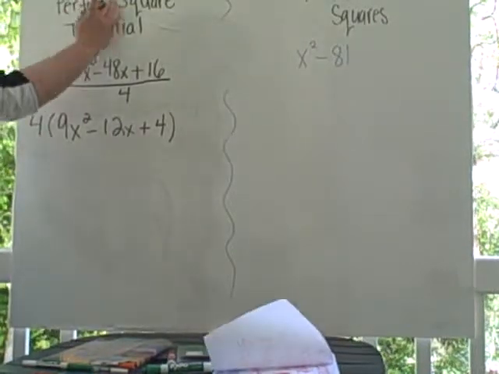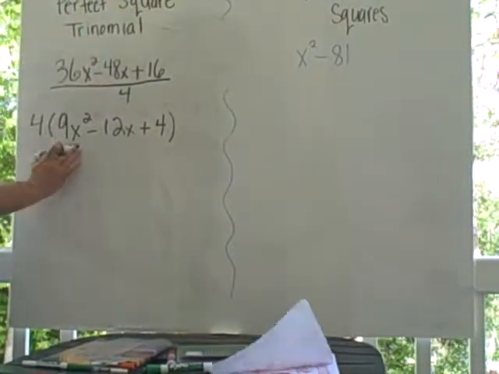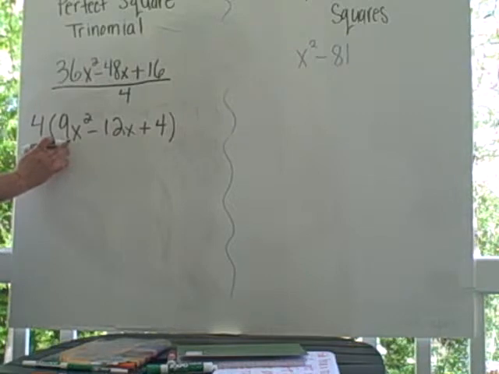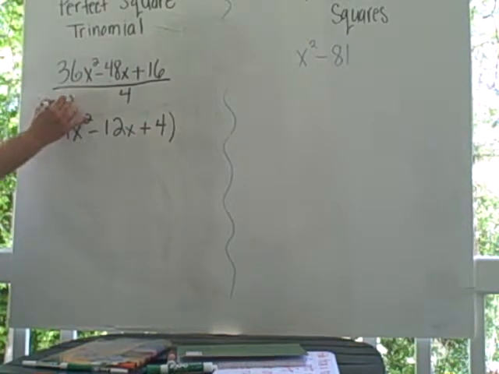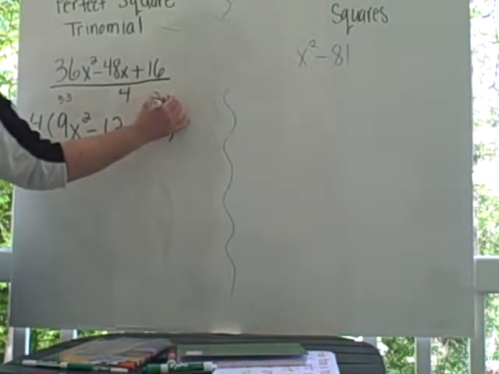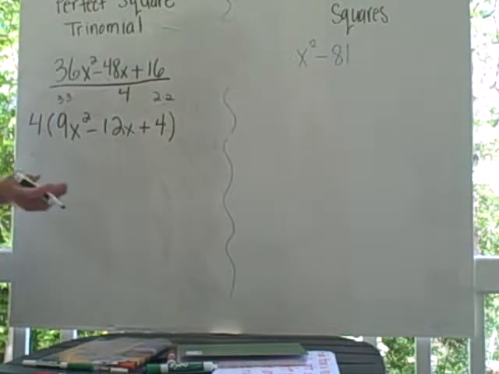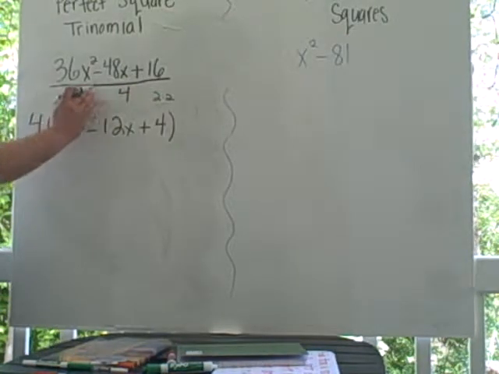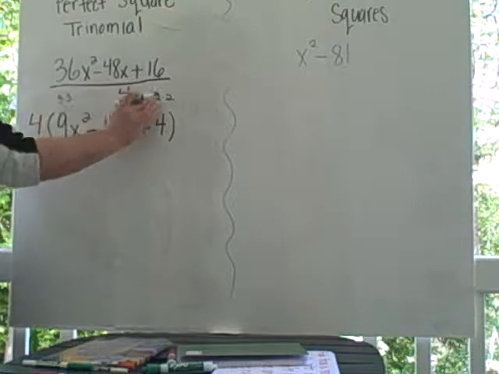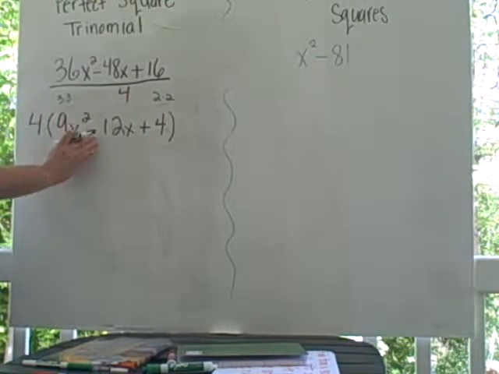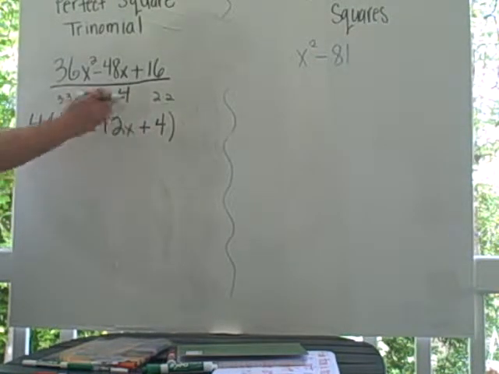Here is my perfect square trinomial inside of here. Here I have 3 times 3. Here I have 2 times 2. My next question is when I multiply 3 times 2, I get 6, and then 6 times 2 gets 12. So what do I do from here?